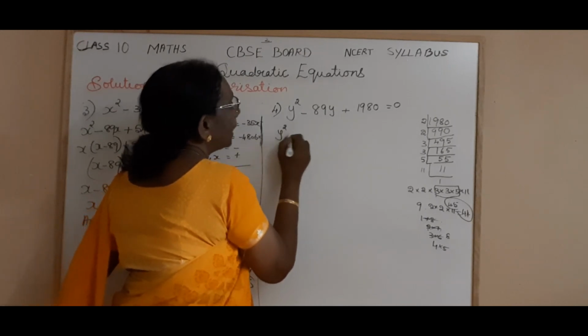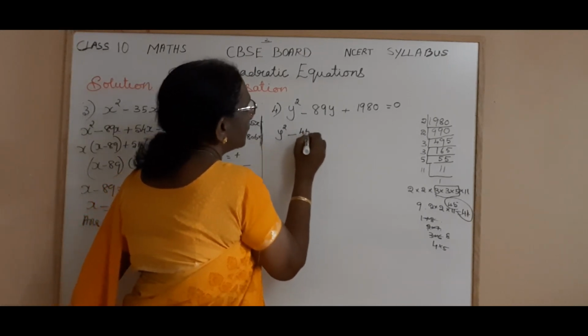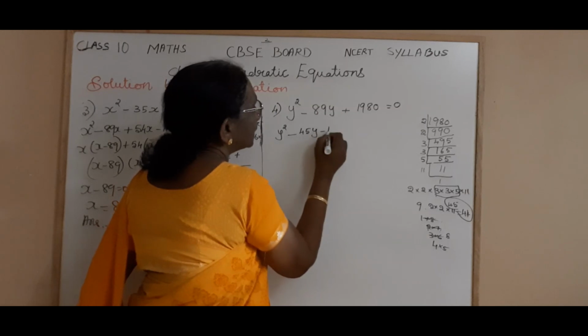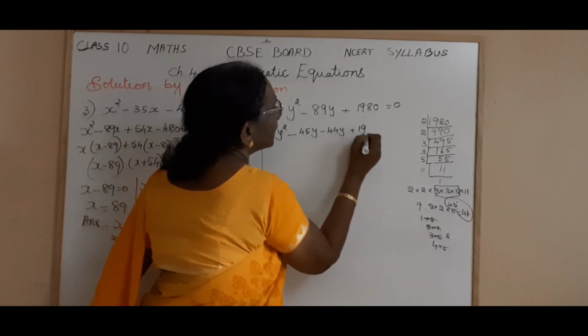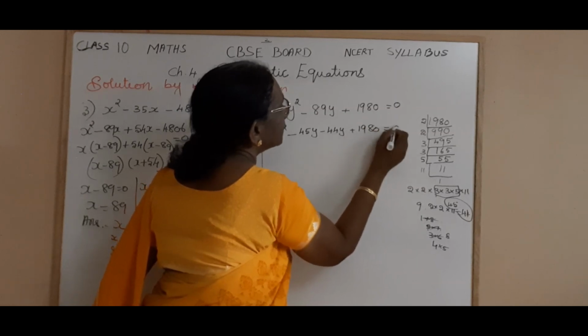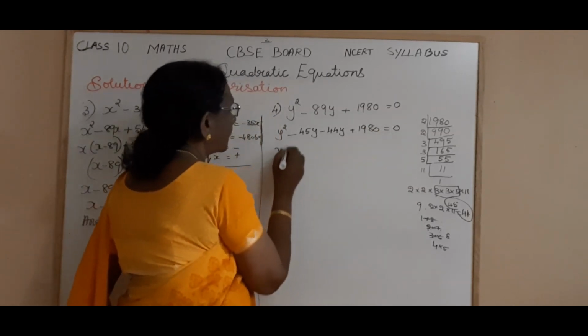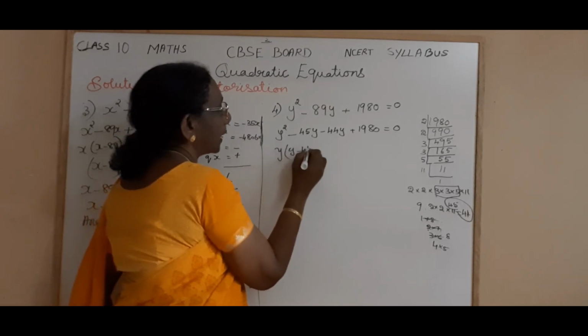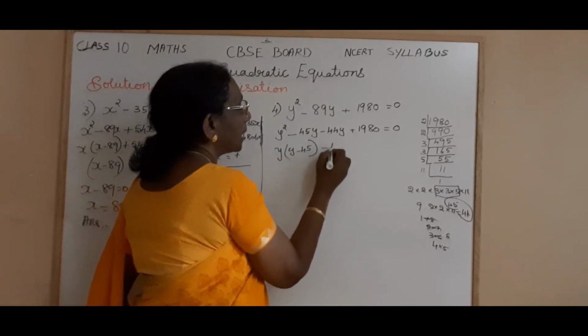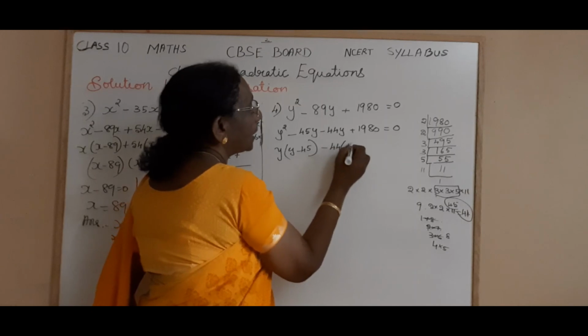y squared minus 45y minus 44y plus 1980 is equal to 0. So y is common in this. So what do you get? y minus 45, minus, take 44 outside, again y minus.